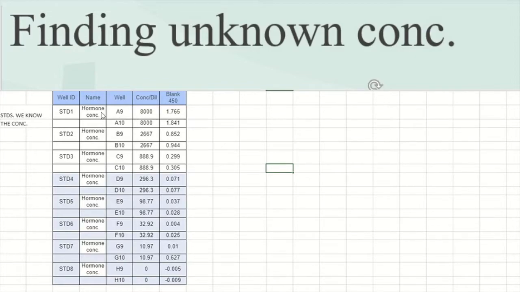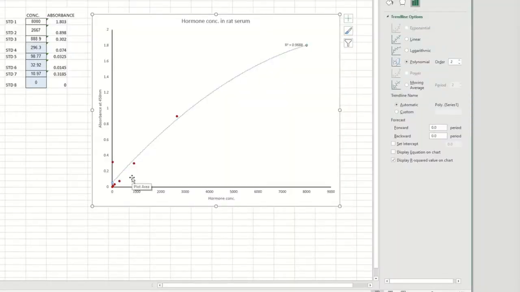We know how much dilution we did, and so we know what concentrations we've done, and by obtaining the absorbance readings of that, we can use that information to work out what amounts are in our unknowns. How do we do that? Well, the classic thing that is done is to first plot it.